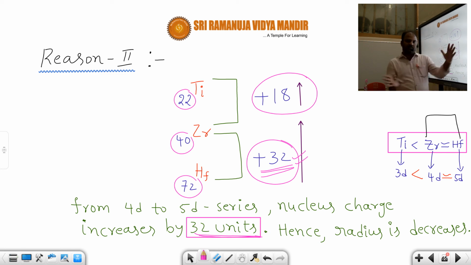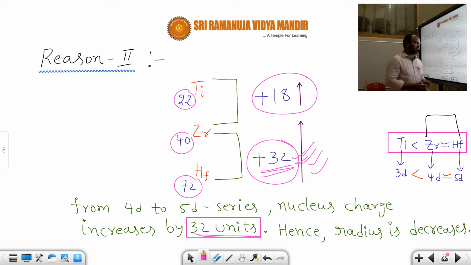When the attraction increases, radius decreases. That's why the atomic radius decreases due to plus 32 units of protons. So the atomic radius of 5d series elements is almost similar to the atomic radius of 4d series. This is also one of the reasons.